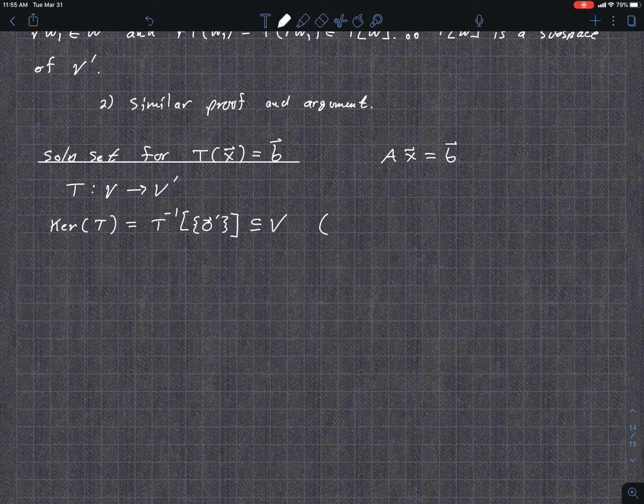It's in V. So those are all the solutions to T of x equal to 0 prime. Okay, so that's what we're talking about.